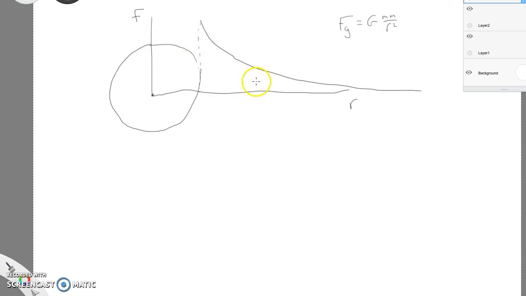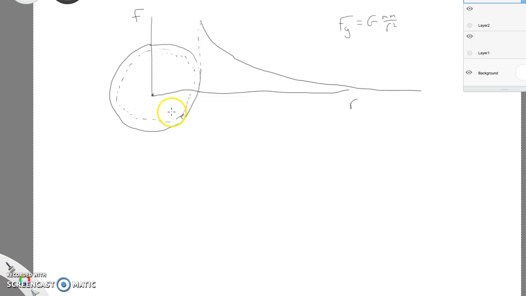Now the tricky part is what happens if you start to go inside the surface of the Earth. Let's say you're creating a tunnel to the center, and you've gone in just a little bit. What happens is this. You're only accounting for the mass that's basically inside of your location. All the masses out here, their gravitational pull on the person that's dug this hole, they all balance out, they all cancel out, they all add to be 0.